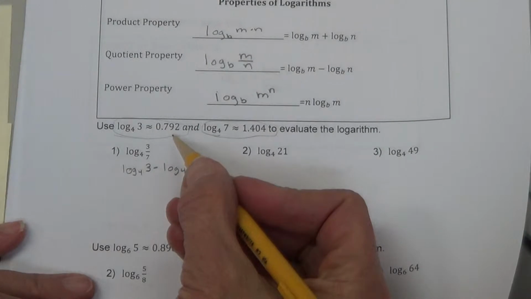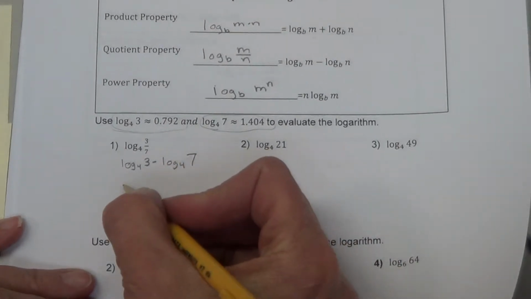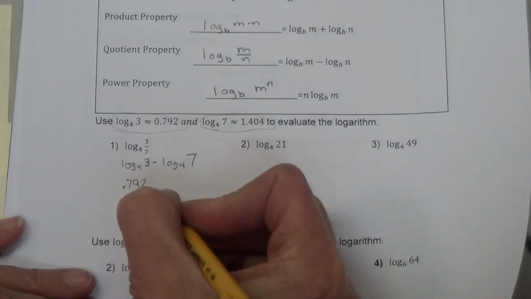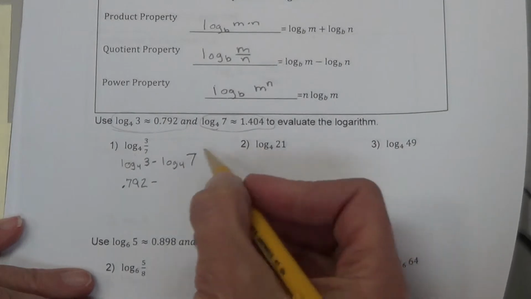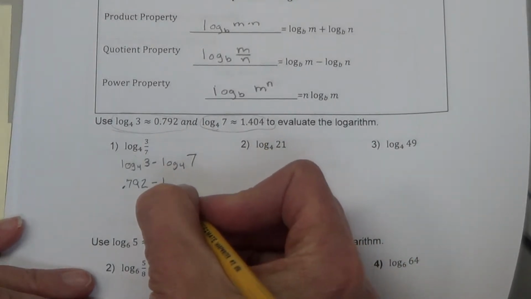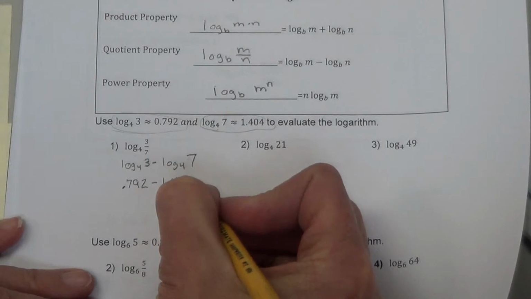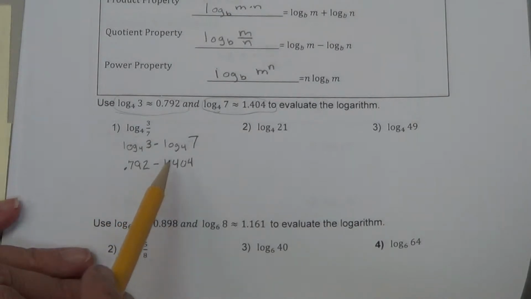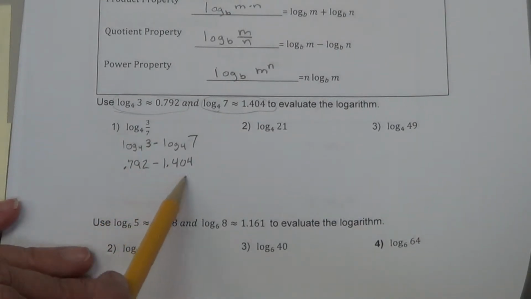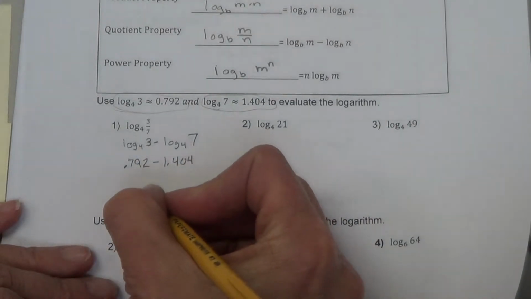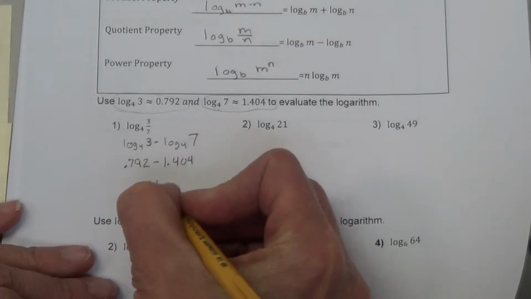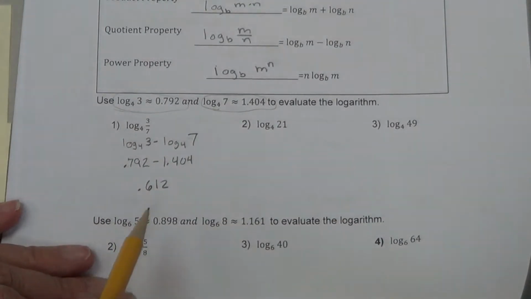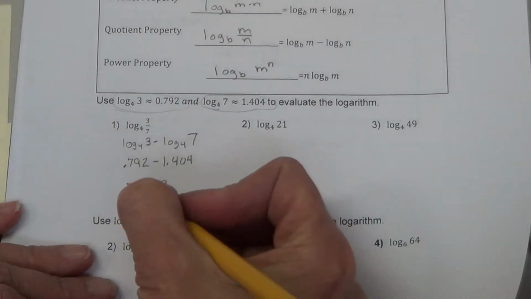So we would have 0.792 for log base 4 of 3, 0.792 minus log base 4 of 7 is 1.404. If I were to subtract those, I would actually subtract the 0.792 from the 1.404, and I would get 0.612. Now the one that's farthest from 0 is the negative, so this answer is a negative.